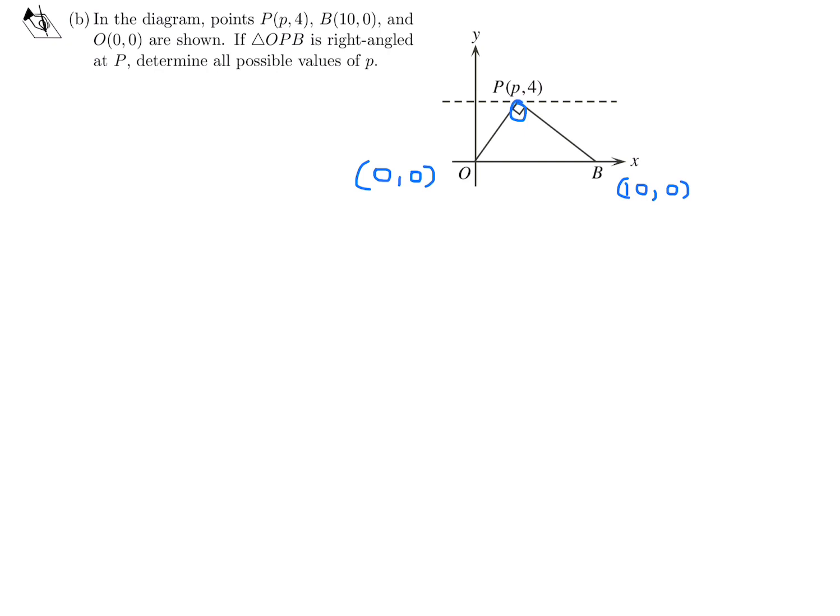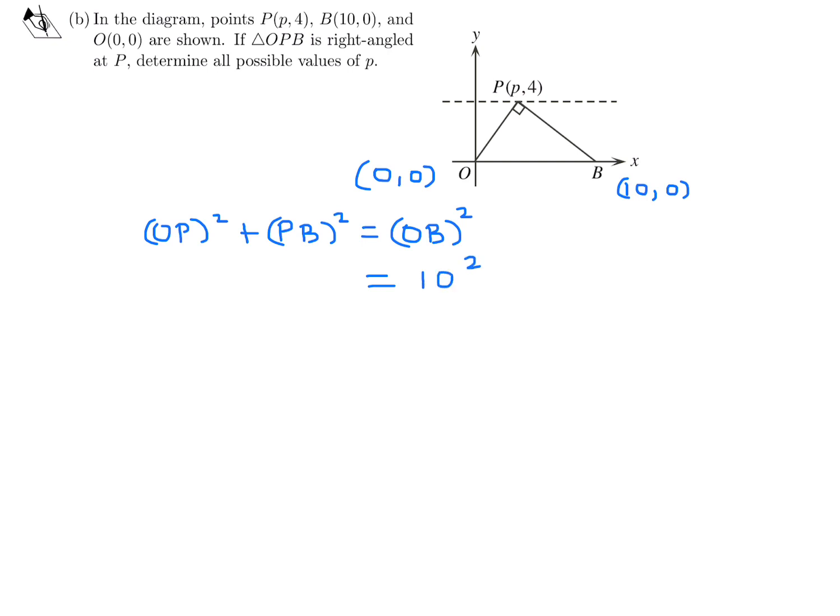So this is a Pythagorean question because that's a right angle. So that basically means that OP squared plus PB squared is equal to OB squared, like that. And we have to use the distance formula to figure this out. Well, OB is the easiest one. That's just 10, since it's just 10 on the x-axis, so that's just 10 squared.